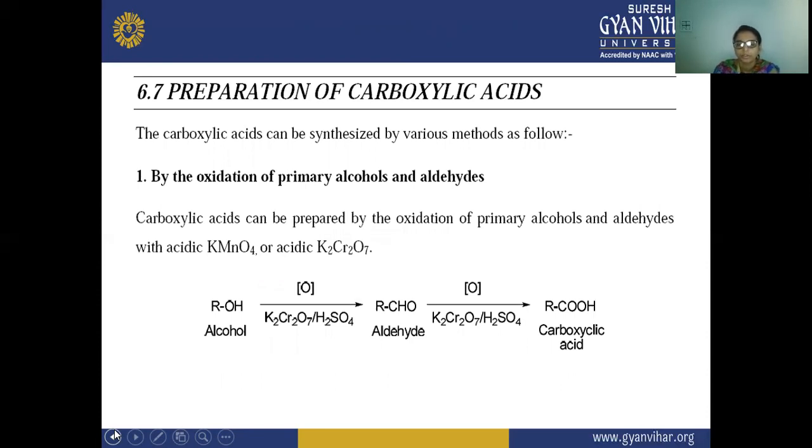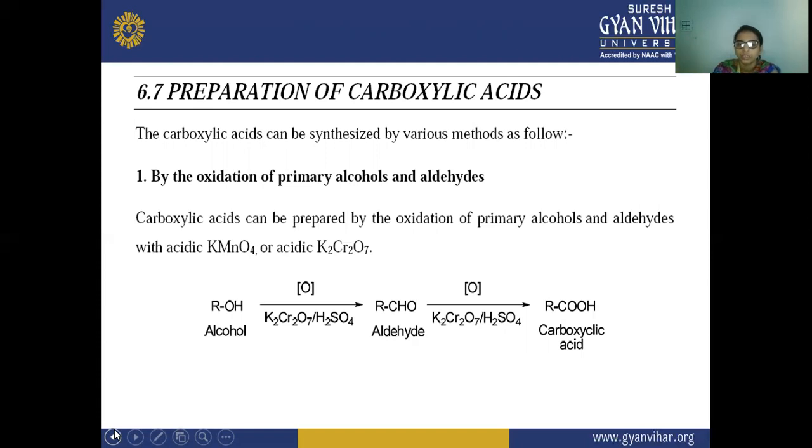Here, carboxylic acid can be prepared by the oxidation of primary alcohol and aldehyde with acidic KMnO4 or acidic K2Cr2O7. These both are the oxidants used in this reaction for the formation of the carboxylic acid.